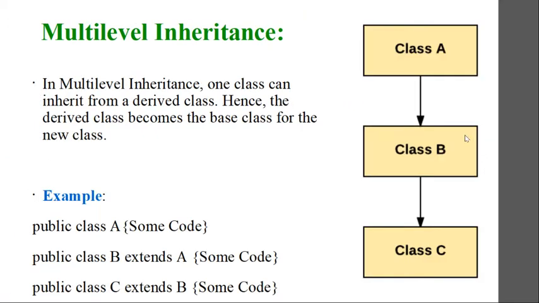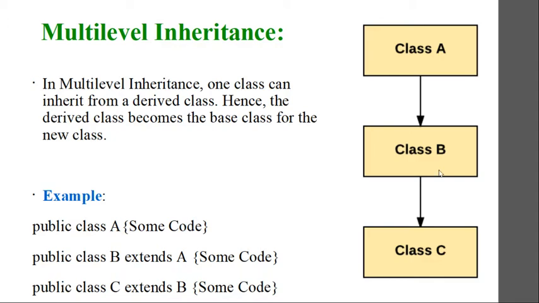Multi-level inheritance is the second type, in which a class acquires the property of a child class. Suppose B class acquires the property of A class and C class acquires the property of B class, then this level of inheritance is known as multi-level inheritance.